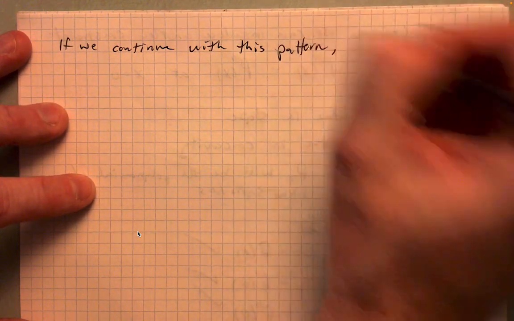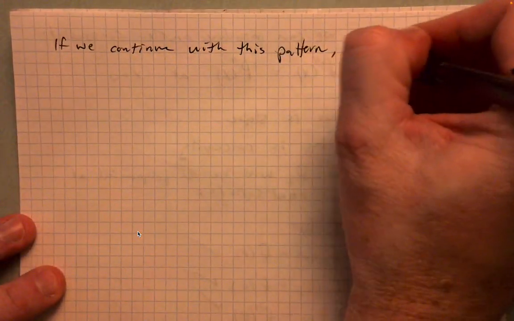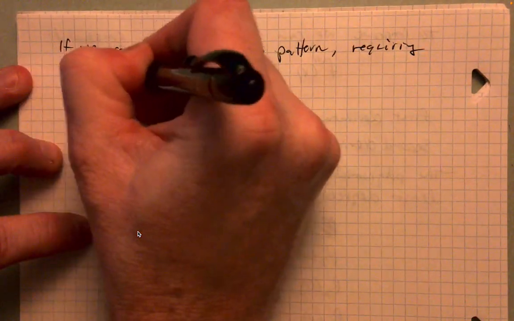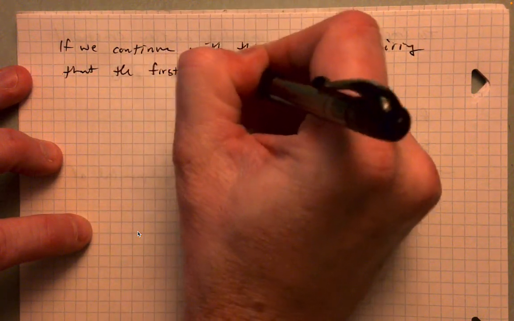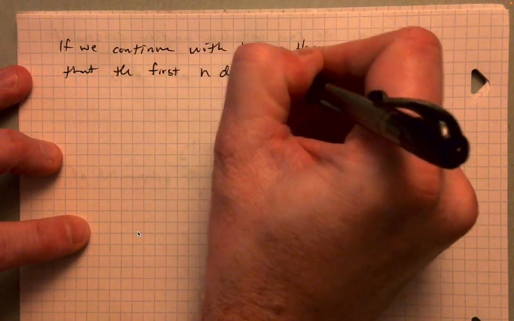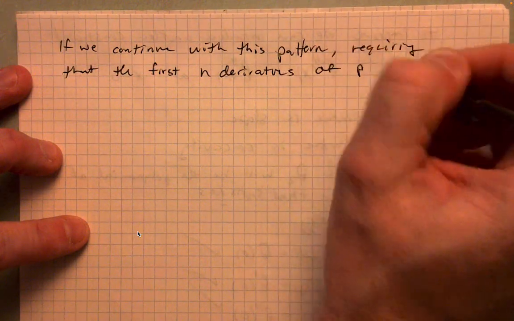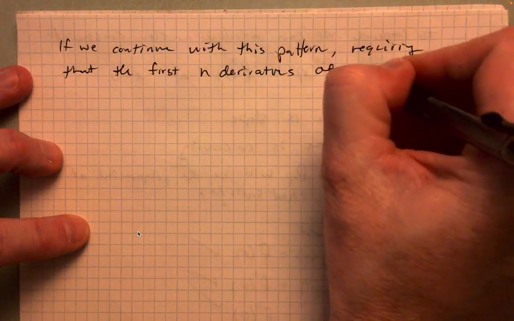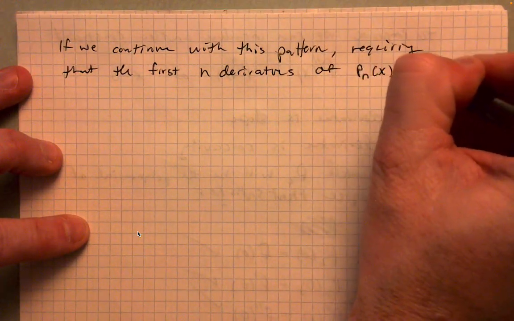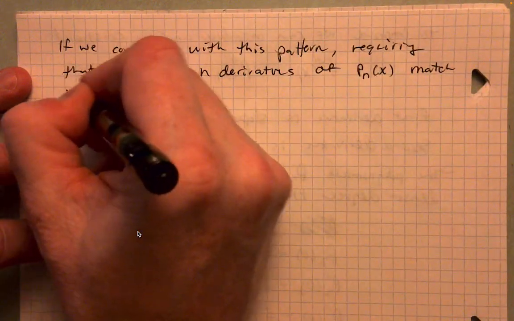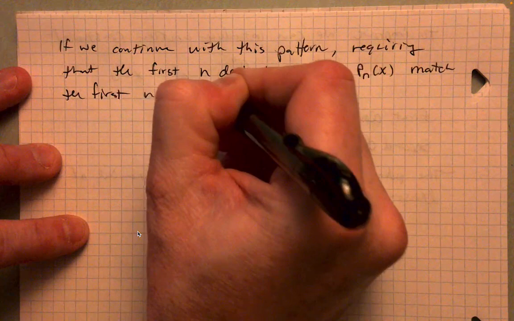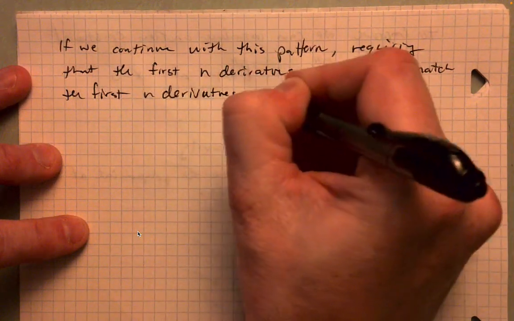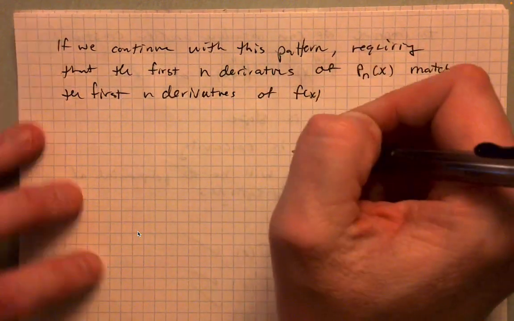I'll just restate the pattern, requiring that the first n derivatives of P, and we'll call it Pn of x, match the first n derivatives of f of x. All right, what do we get?